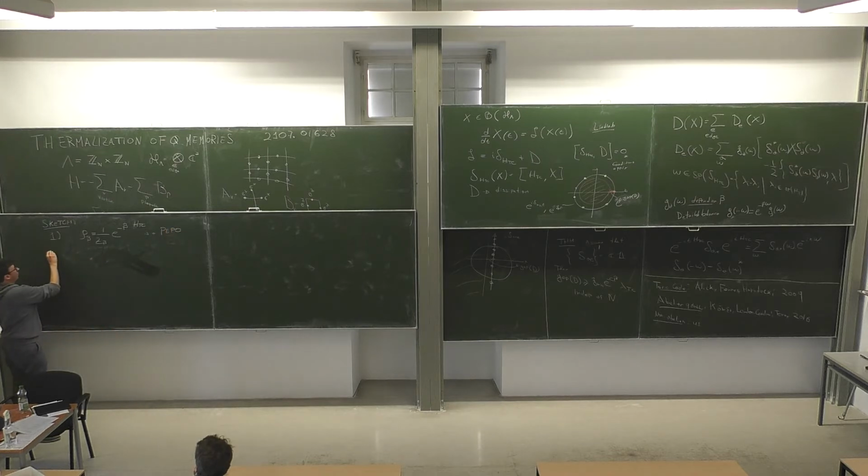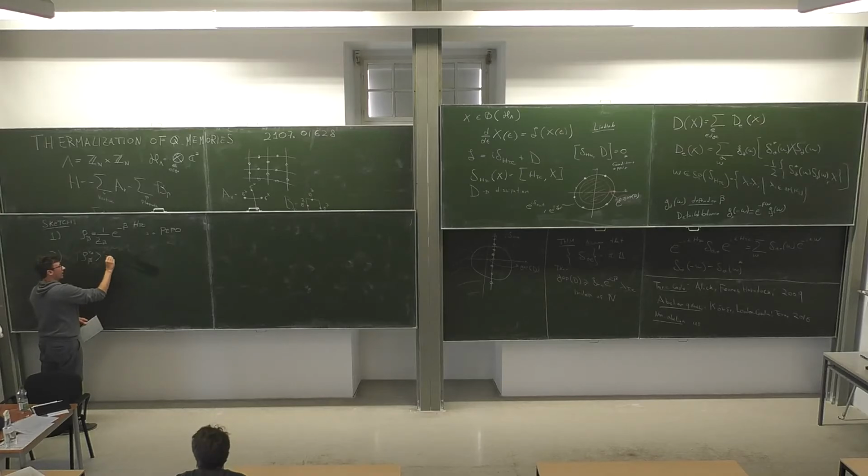And then what we do is a local purification of this PEPO and we obtain a PEPS. Because you can also write the PEPO for rho 1/2, you can purify rho 1/2 and you get what is known as the thermofield double, which is this state here.